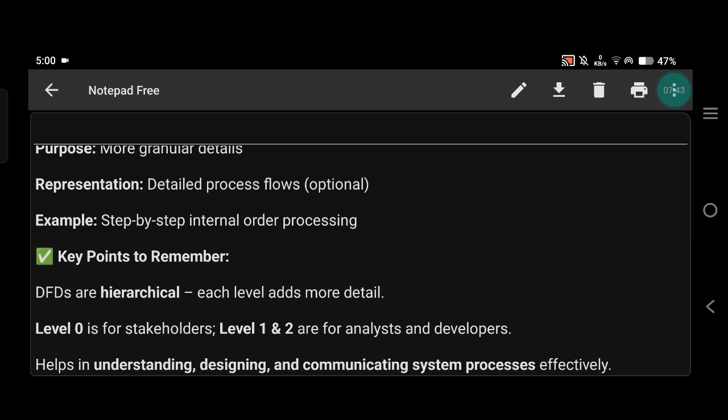Then level 1 shows main functions or modules inside the system. And level 2 and lower show detailed steps inside each function. So remember, DFDs are hierarchical, meaning each level goes deeper and explains more.